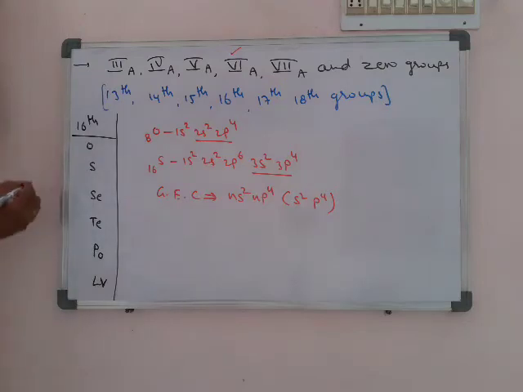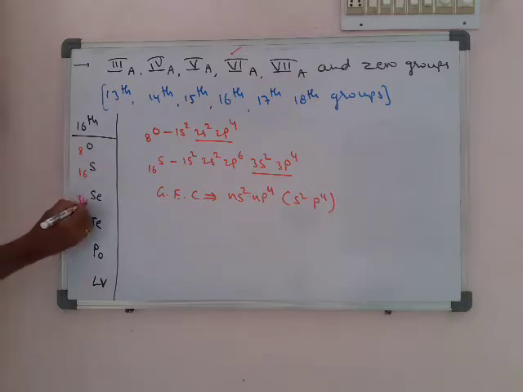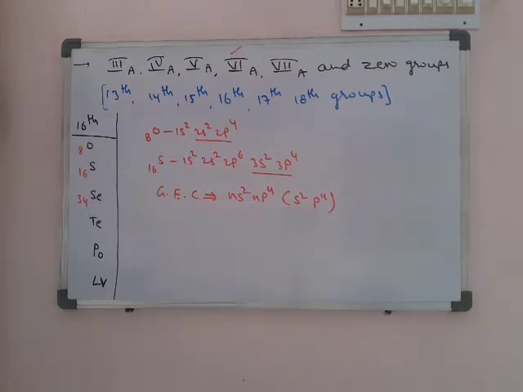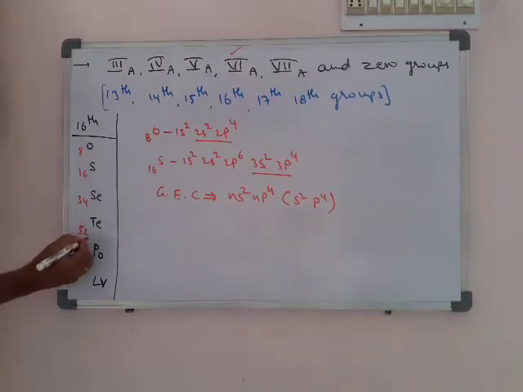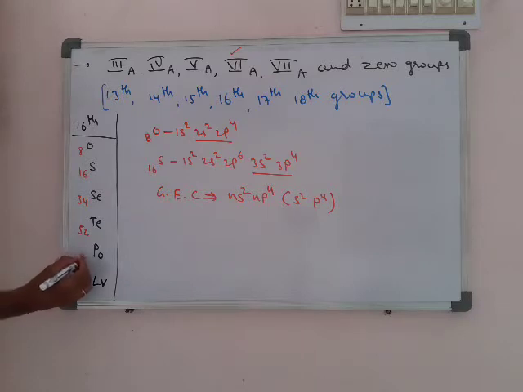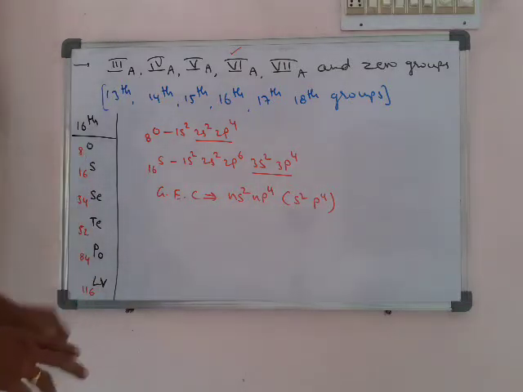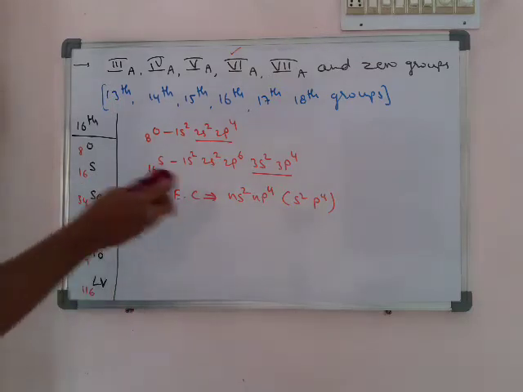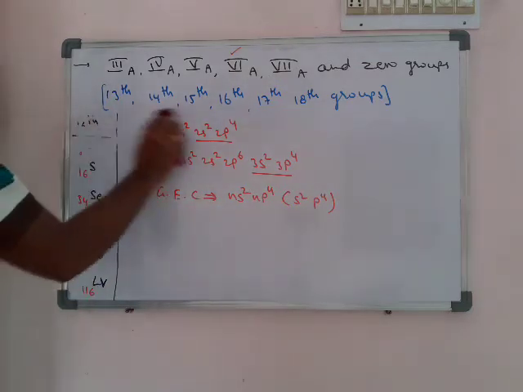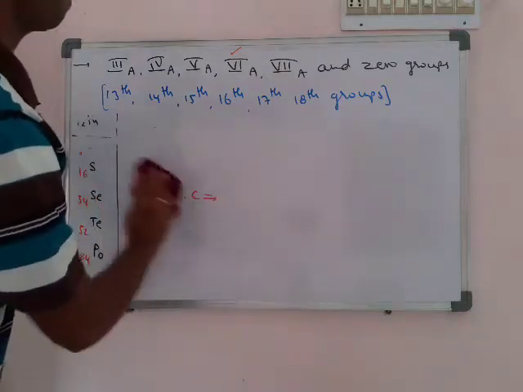Okay, so if you see the atomic numbers, oxygen 8, sulfur 16, selenium 34. Next 52. Again 32, 84. Next, 16 plus 100 gives 116. Okay, so the 16th group elements also belong to p block, and we must know their general configuration. So at last we see the properties.